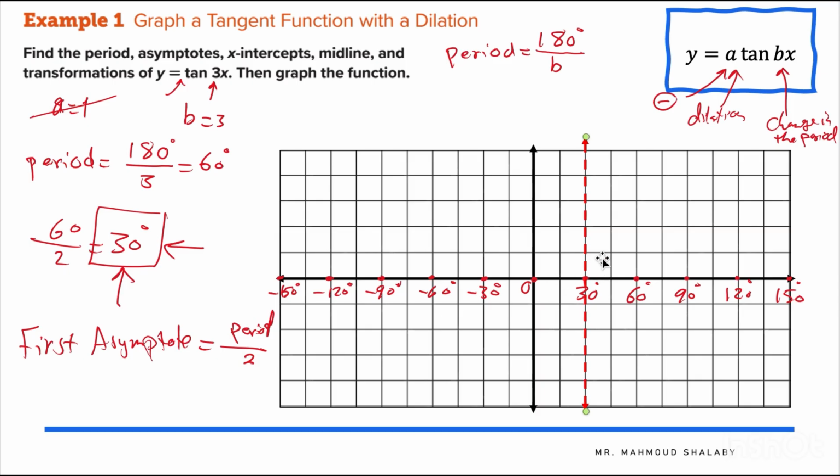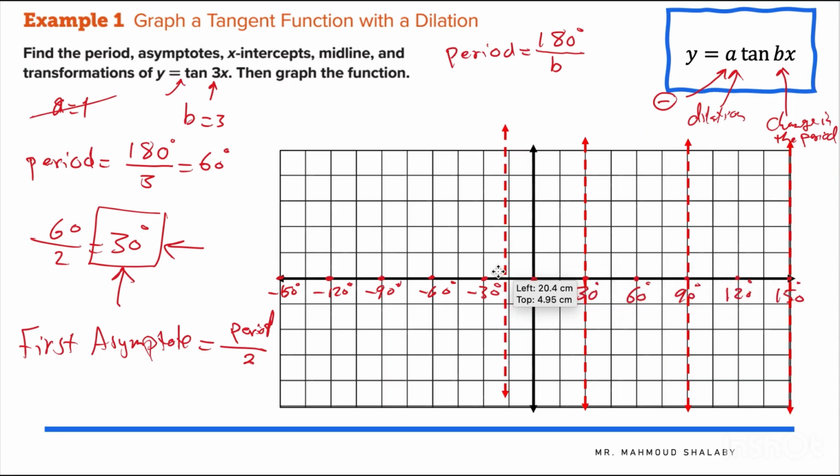Then, guys, if you remember, we will move like first one 30, then leave 1 point, then the other point is at 90. So the second asymptote we will put at 90, because if you remember, this is x-intercept, asymptote, x-intercept, asymptote, x-intercept, and so on. So the third asymptote will be here.